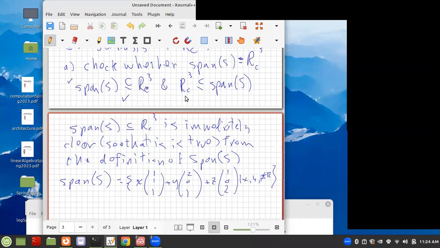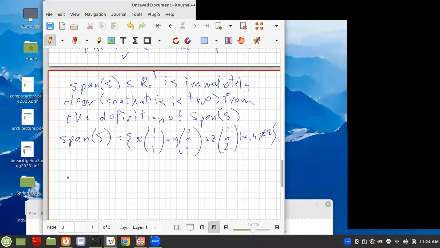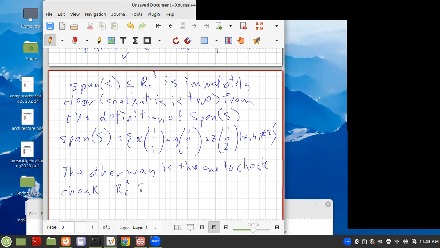So the other one is the other way, and it's the one you have to check, because that's the one that might fail. In other words, you have to check: is R3C a subset of the span of S?